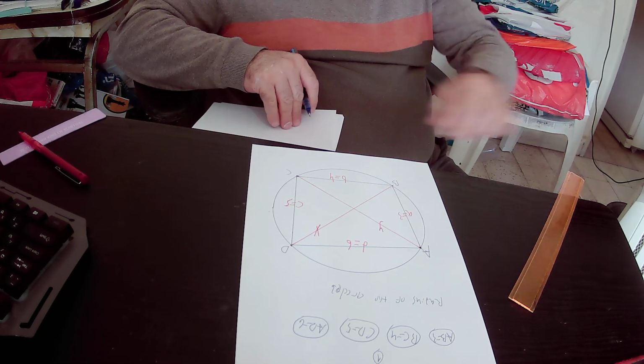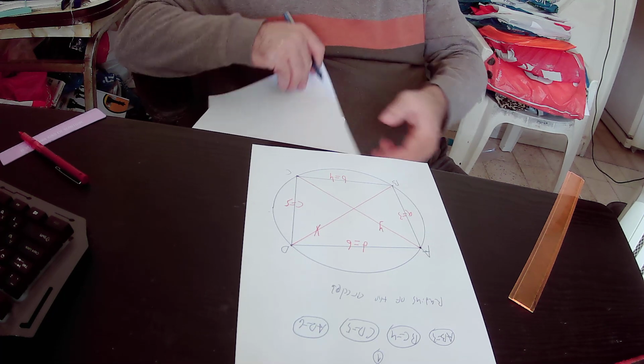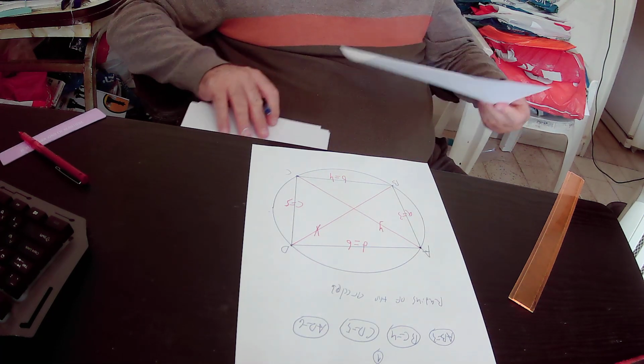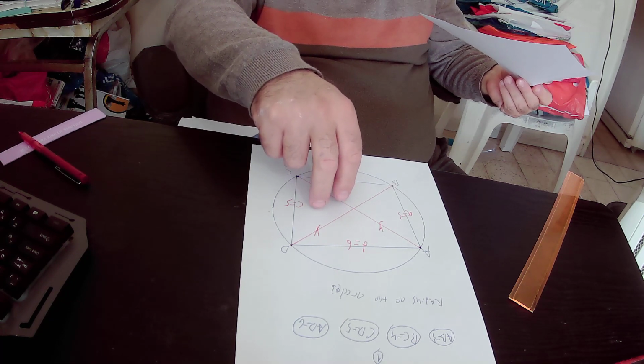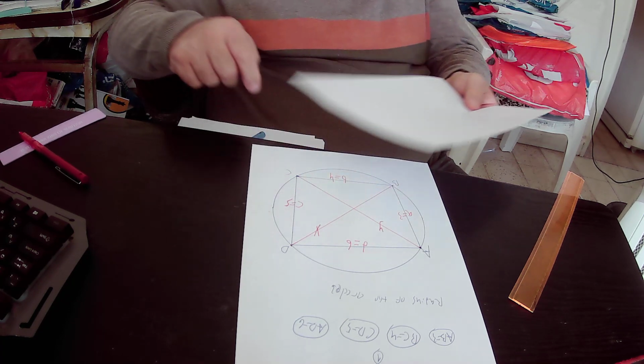I repeat again. This triangle BDC is inscribed by this blue circle.